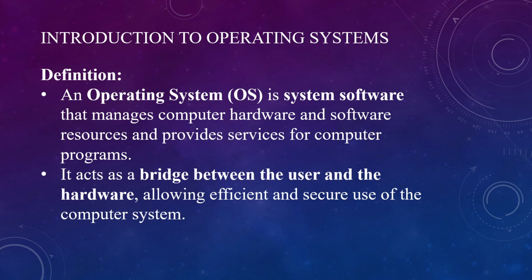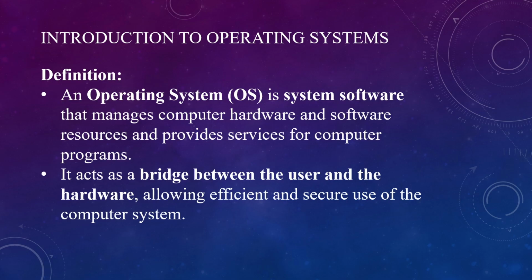Some key points we shall discuss. The OS acts as a bridge between the user and the hardware. This is a very important point. As users, we don't directly interact with the hardware like processors, memory, or input-output devices.